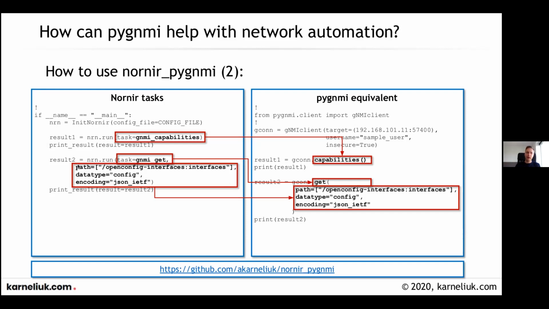So you could specify path, data type, encoding, prefix, target, and other things. Whatever you need to specify, you just provide into the task, and you could think of it as being translated, if you work without Nornir, into get with all the parameters that you have passed.